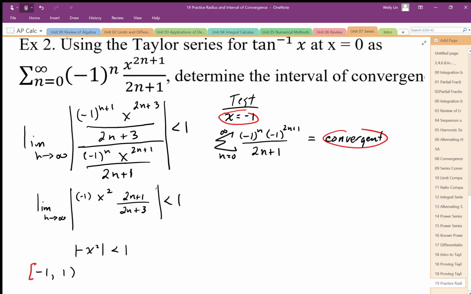Test the other endpoint. Okay, we're going to test x equals +1. In this case, what are we going to end up with? We're going to end up with (-1) to the n, and this is going to be (+1) to the 2n plus 1.